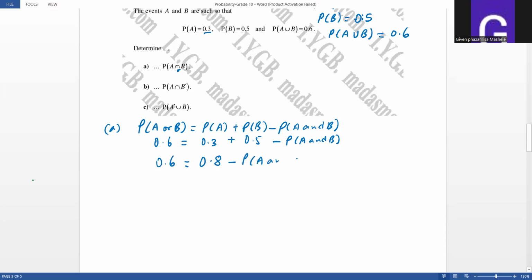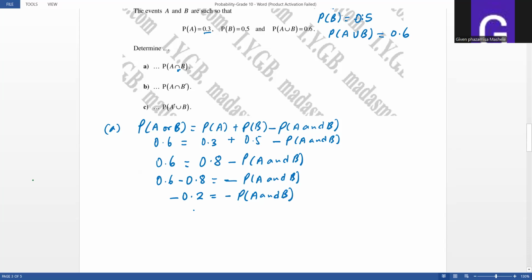So we can calculate the probability of A and B in two ways. We can move 0.8 to the left-hand side. So this will be 0.6 minus 0.8 equals negative the probability of A and B. So this gives us negative 0.2 equals negative the probability of A and B. And we can divide both by negative, or multiply.